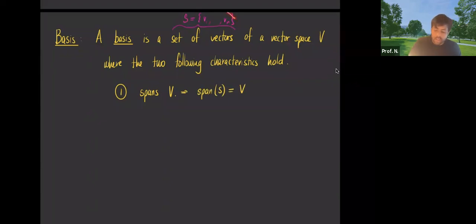So if I take this set V1 through Vn and I take all linear combinations, all of them possible, I would get everything in V, in my vector space. So that's the first step to be a basis. The second step to be a basis set is that S is a linearly independent set.